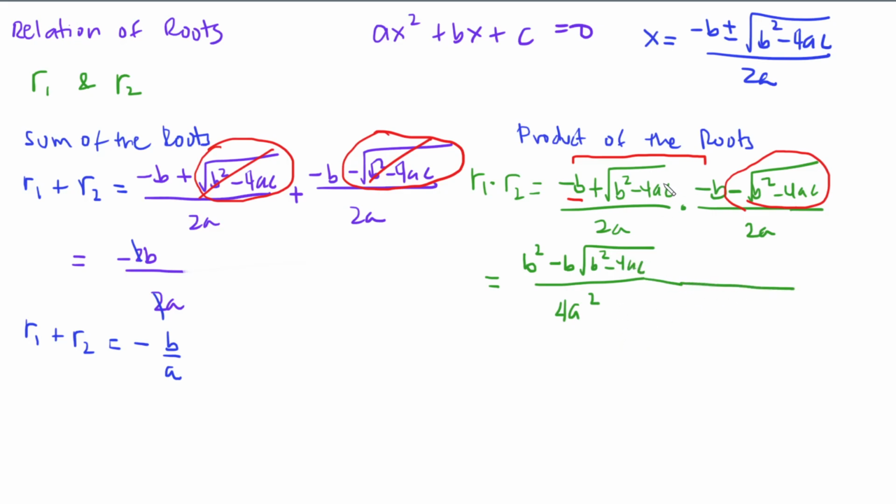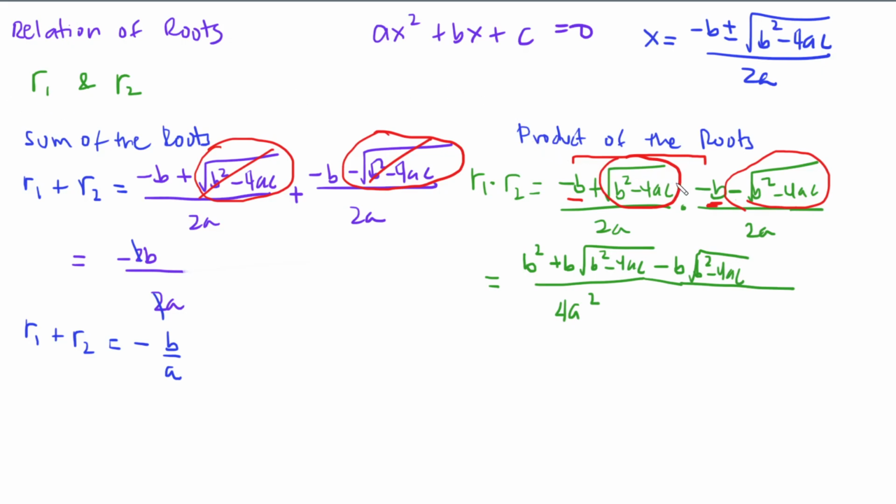Then the inside term: positive multiplied by negative becomes negative b square root of b squared minus 4ac. Wait, the outside term is positive multiplied by positive, so it becomes positive, and the inside term becomes negative b square root of b squared minus 4ac.